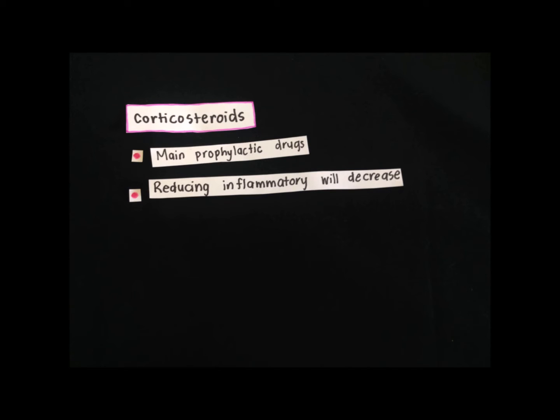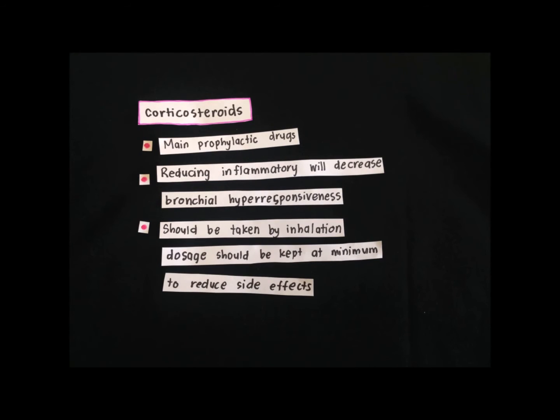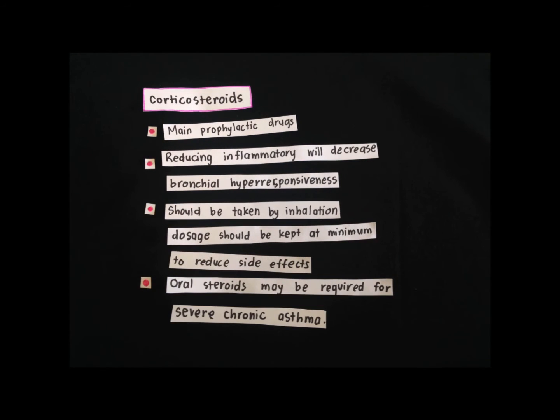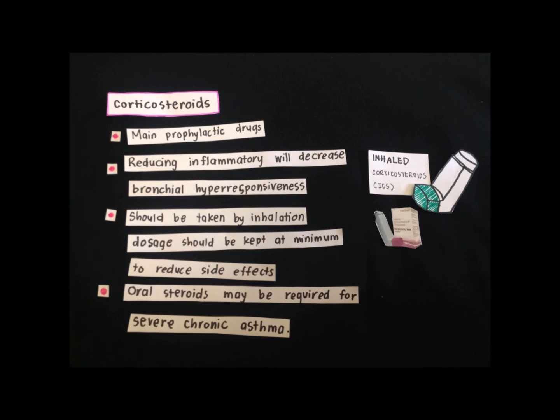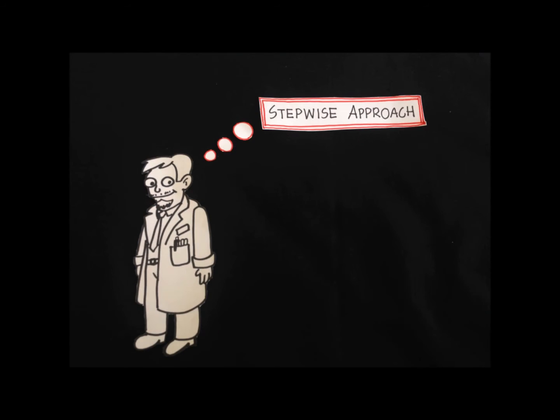Corticosteroid is the main prophylactic, and it also reduces the inflammation and hyperresponsiveness. Oral steroids may also be required for severe chronic asthma.